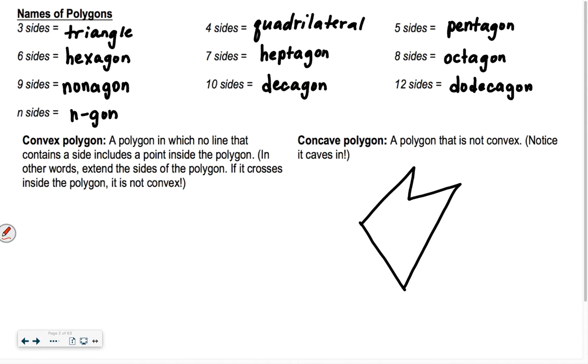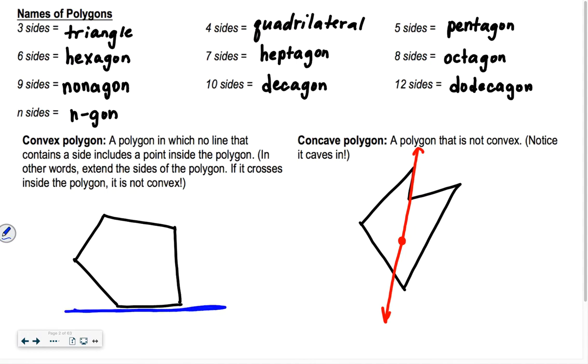Extend the side. So if I extend the side of this polygon, is there a point on the inside? Yes, that means it's concave. But if I have a convex polygon and I extend all of the sides, do they ever go inside of the polygon? No, they stay on the outside. That would be a convex polygon.